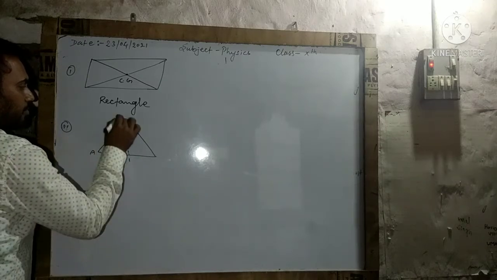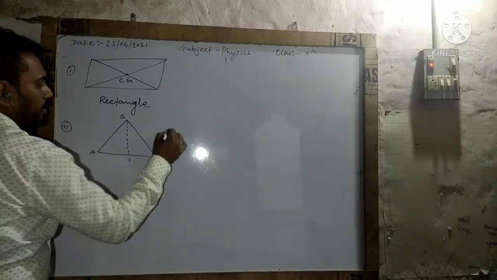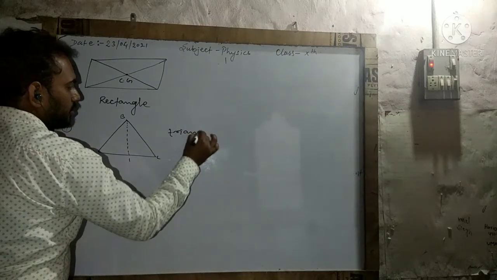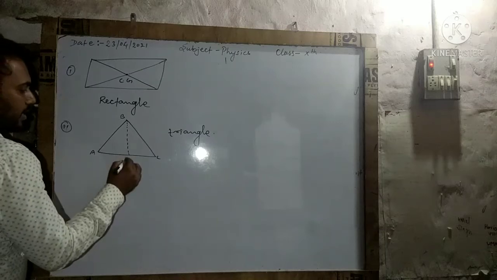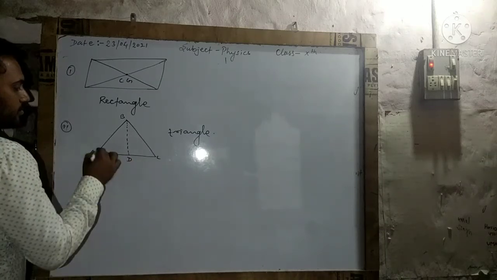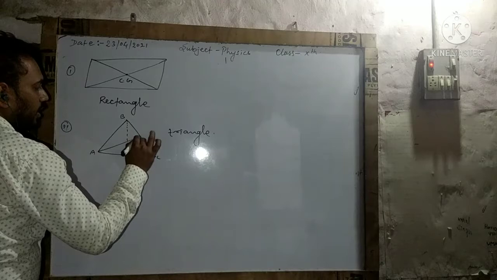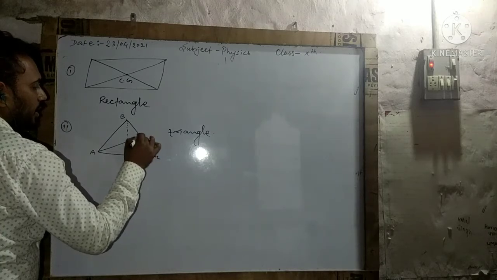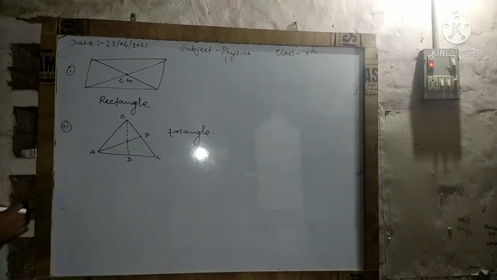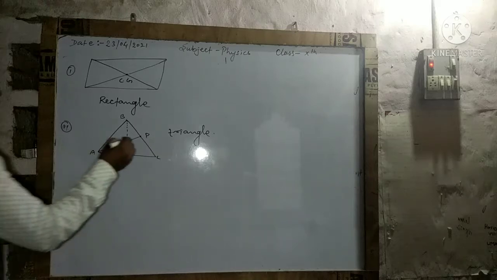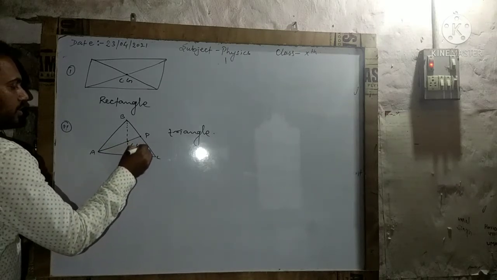Let's say A, B, C is a triangle, and we draw median BD or AP. The point where two or more medians of the triangle intersect will be called the center of gravity of the triangular lamina, meaning a sheet of triangular piece.